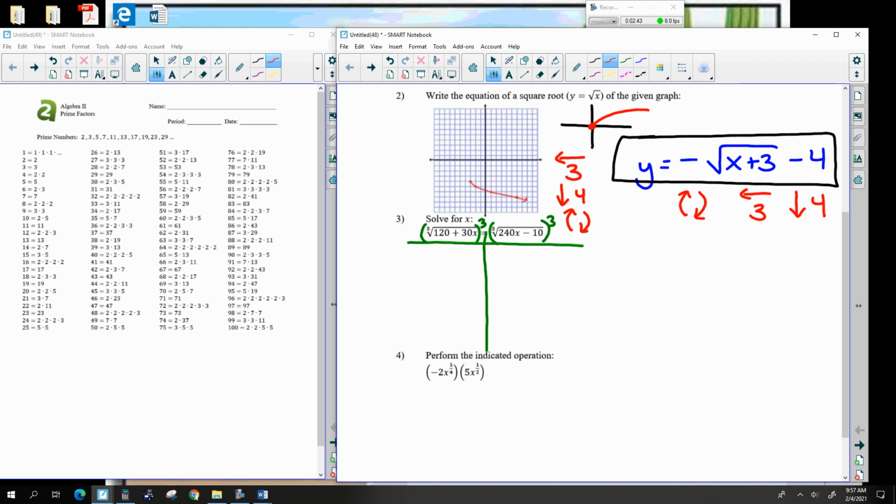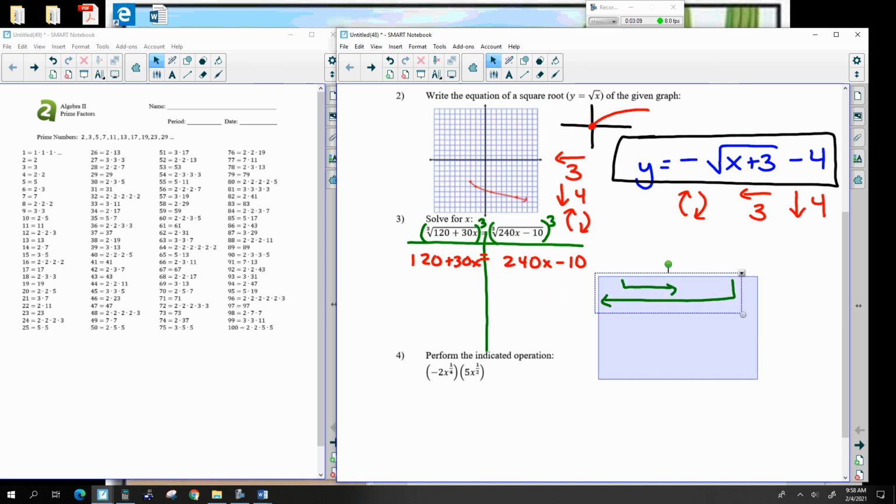And so that will leave me with 120 plus 30x is equal to 240x minus 10. Get all letters to one side and numbers to the other. I see that my bigger x's are on the right-hand side, so I'm going to move all the letters to the right, and all numbers to the left. That's what I'm going to do.